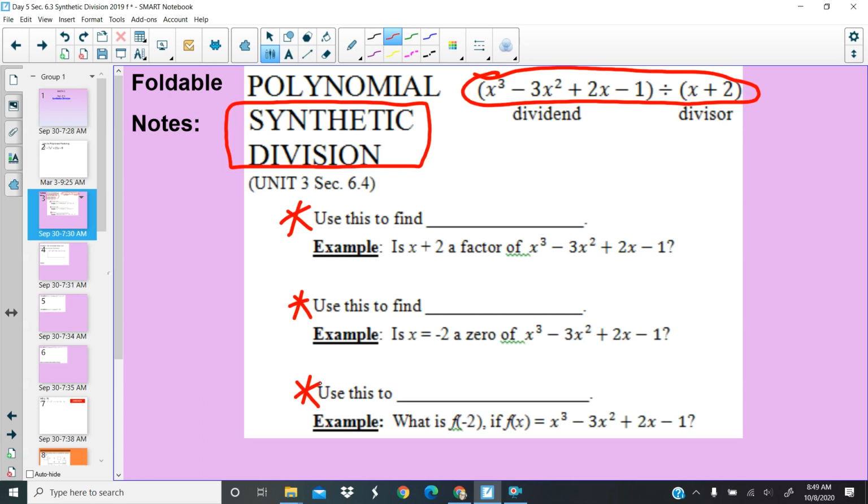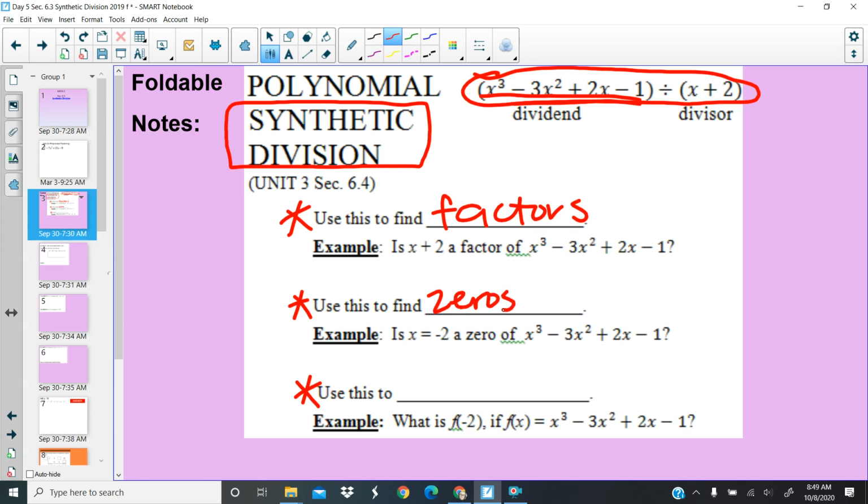Polynomial synthetic division is used, one, to find factors of polynomials, like this x cubed minus 3x squared plus 2x minus 1, which as of right now you shouldn't really be able to factor. It's also used to find zeros.